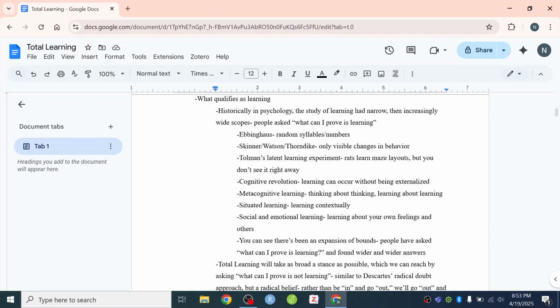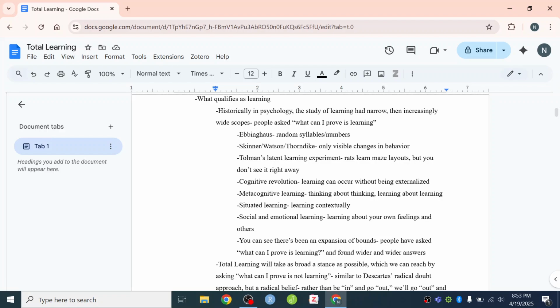The reason why the study of learning started with a narrow scope in terms of what it was willing to consider to be learning, and that scope broadened, was methodological and is methodological, where people have asked for a very long time, what can I prove is learning?